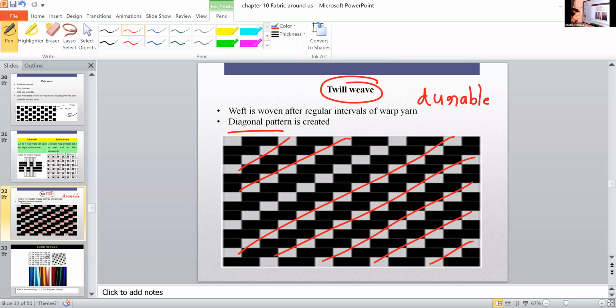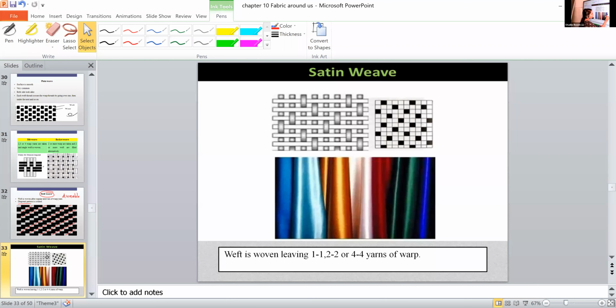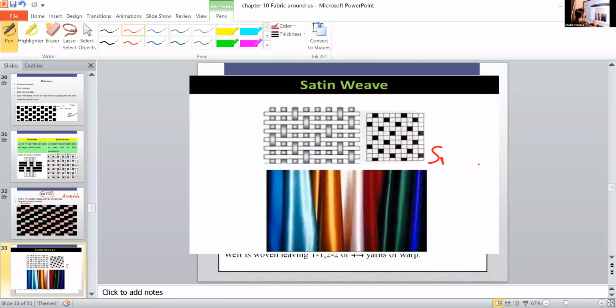In satin weave, one side of the cloth is very smooth, and the weft yarns are not clearly exposed. Weft yarns means the horizontal yarns. So these weft yarns are not clearly seen in this satin weave.